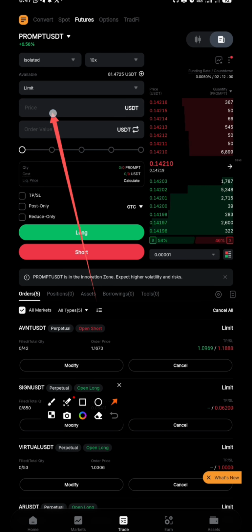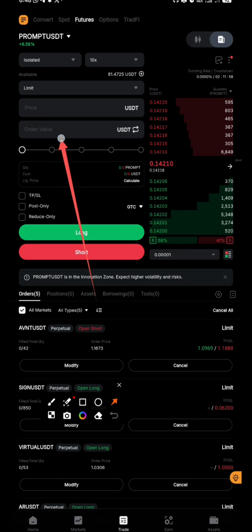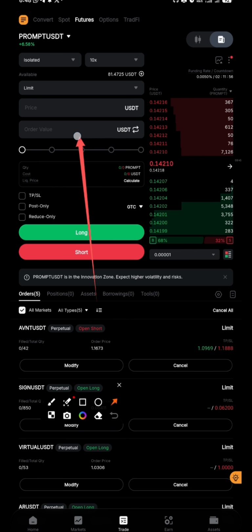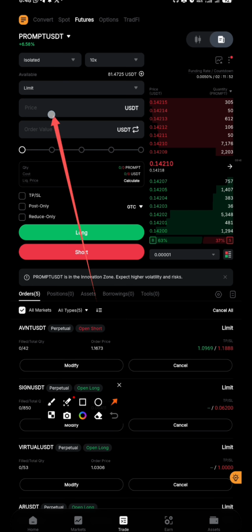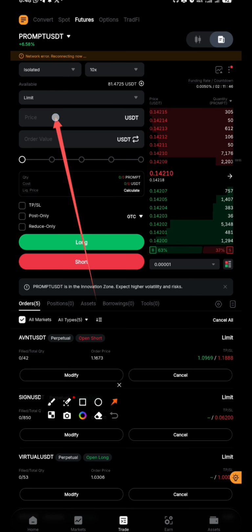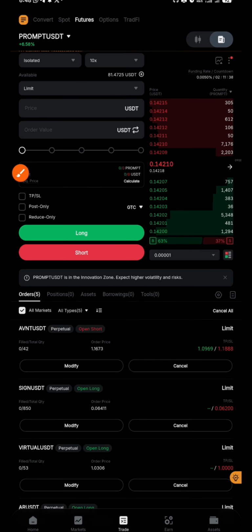The first one is the price at which you want to enter the trade. The second one is the amount of money, how much USDT you are entering the trade with. These are the two things there.